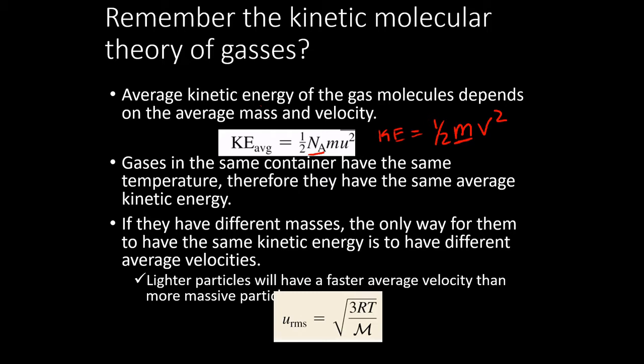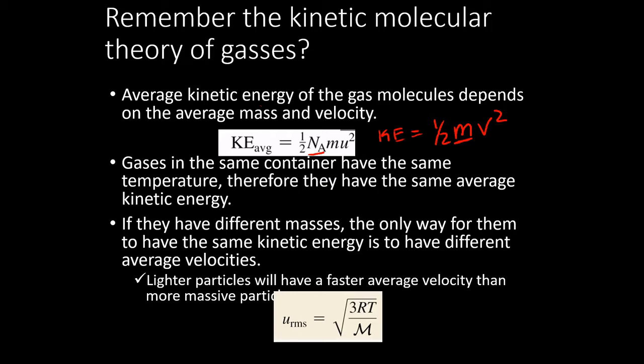So if you have a really big molecule like sulfur hexafluoride, which is a gas, it is probably 100 or so, maybe 150 times the mass of hydrogen. And yet, if you put a mole of sulfur hexafluoride into a container, it's going to have the exact same pressure as a mole of hydrogen, even though it's 150 times the mass.